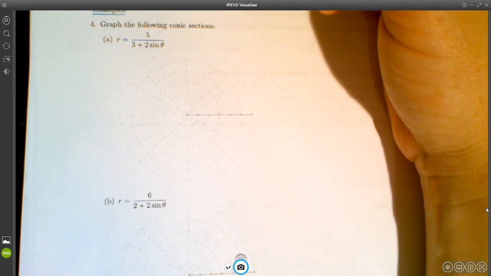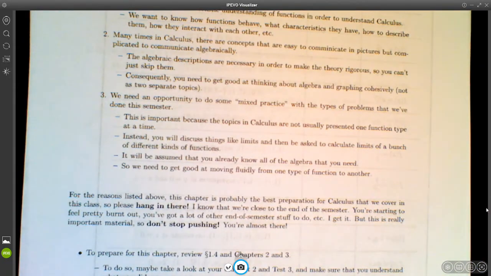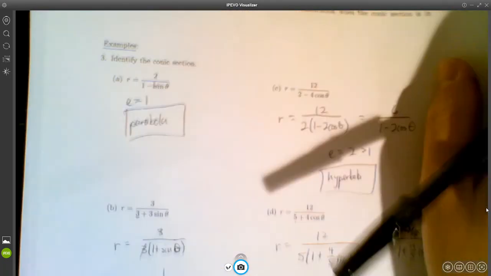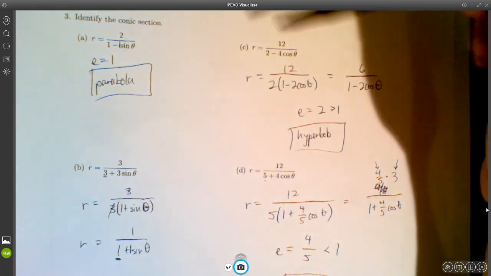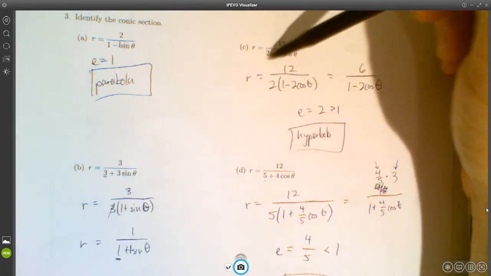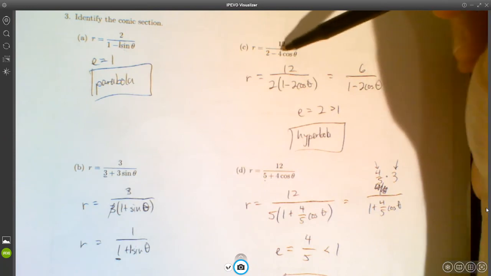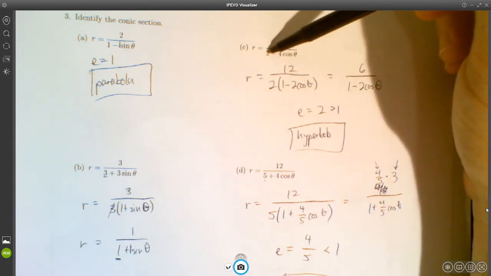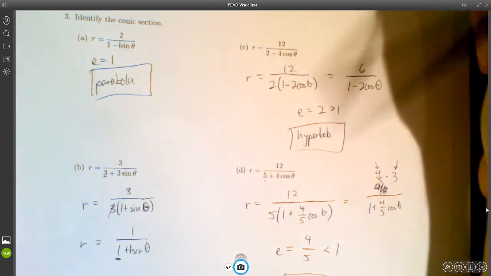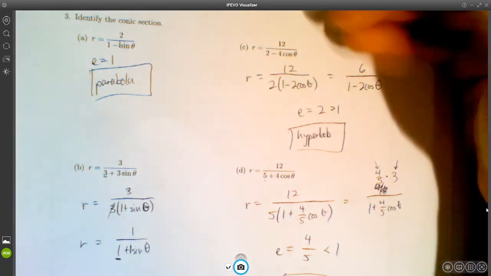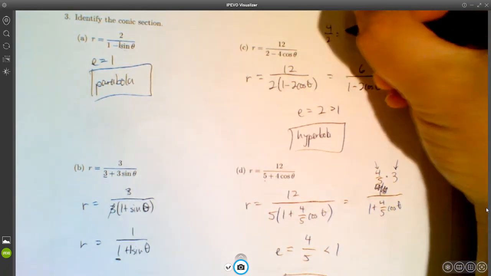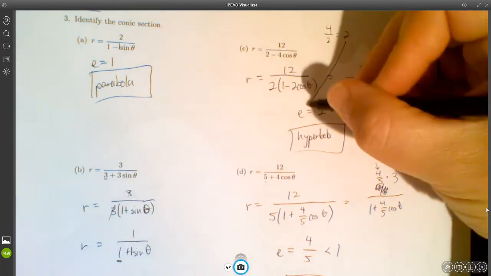But let's see. So notice something else, just real quick, because this will make it easier to identify what kind of conic section we have. Notice that when I factor out this number, I basically just divide this number by that one. So another way to do the same thing is to just say, what's this divided by that? 4 divided by 2 is 2, and that's your eccentricity.